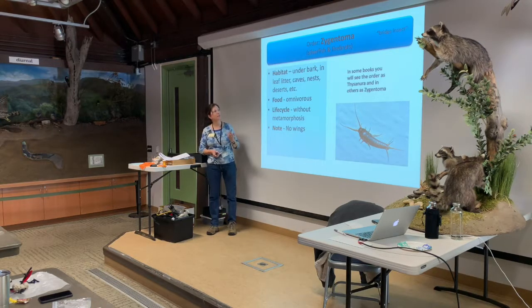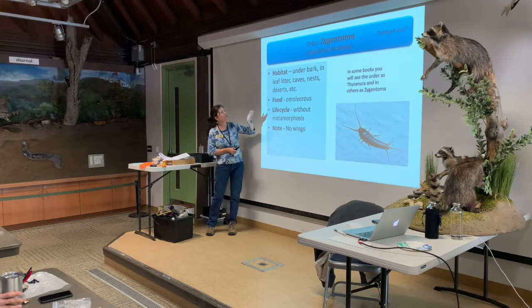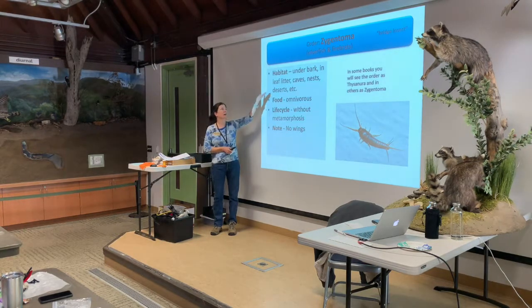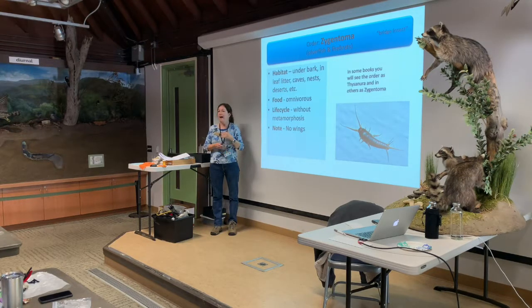They've changed the name because when I was studying, it was the Thysanura, and they redo stuff, and it just really irritates me because I used to know. So here's your little silverfish. They're saying under bark, in leaf litter, caves, nests, and deserts. I just find them in my house. They should say houses there, because I think that's the most common.